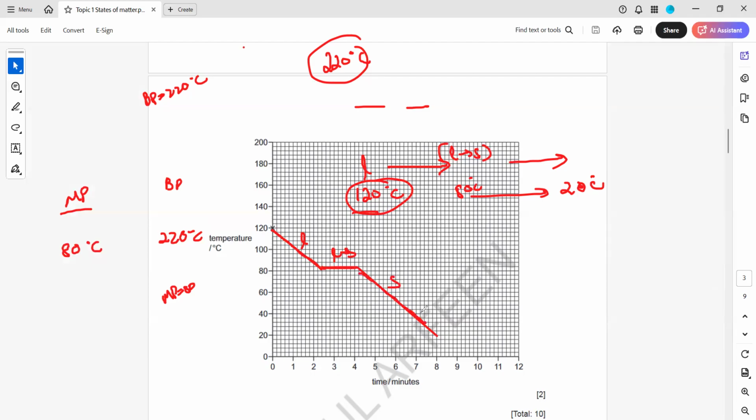Basically, the liquid has boiled and become a gas, so there would be temperature changes? It already boiled. We are not considering that part. The substance was at 220 degrees as a gas. The gas turned into a liquid, then it's a cooling curve. So the liquid cooled down, the liquid temperature decreases. Eventually, it reaches 80 when the liquid turns into a solid.